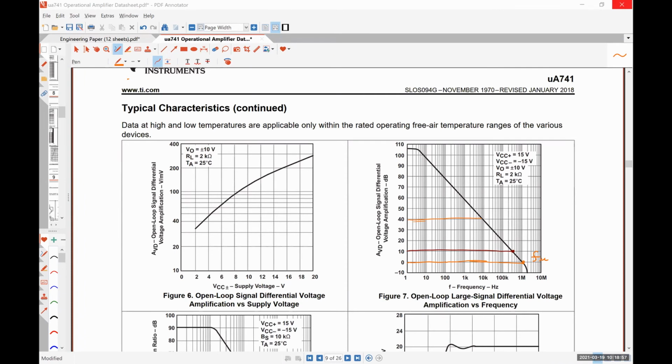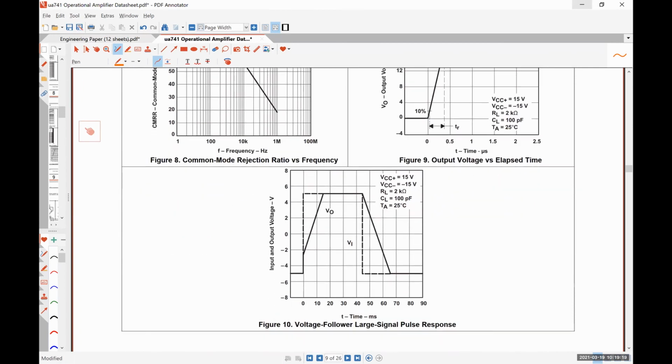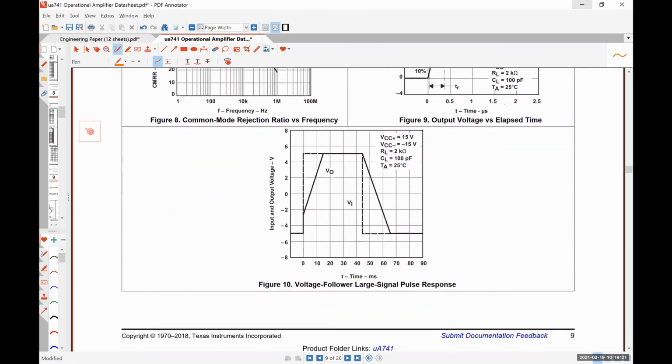Okay. Because of the internal capacitances within an op-amp, a real op-amp cannot instantaneously respond to an abrupt change in large signal voltages. So I'm going to bring that data sheet up again real quick, and we're going to look at this bottom graph on this page.